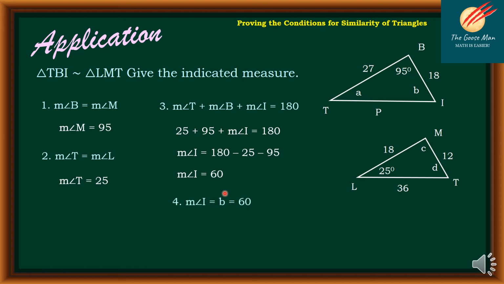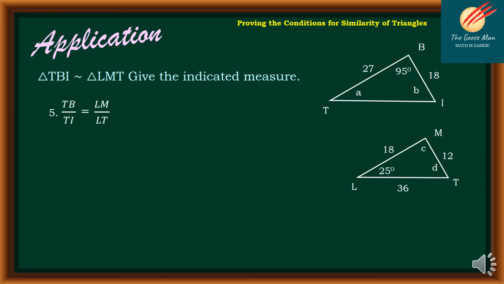Since the measure of angle I is also the measure of angle M, this is 60 degrees, which is also the measure of angle T, because take note that triangle TBI is similar also to triangle LMT.